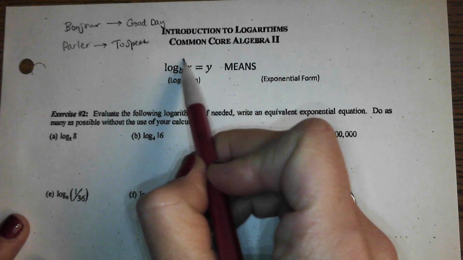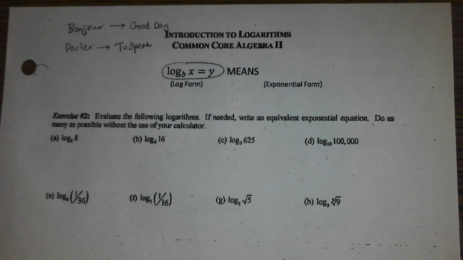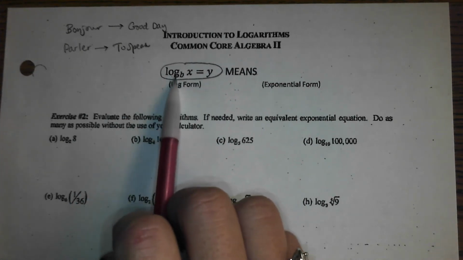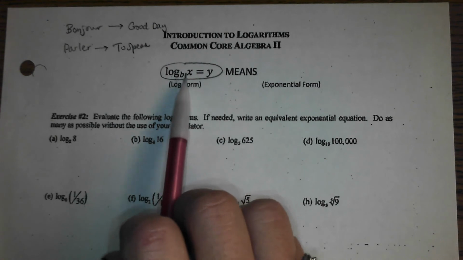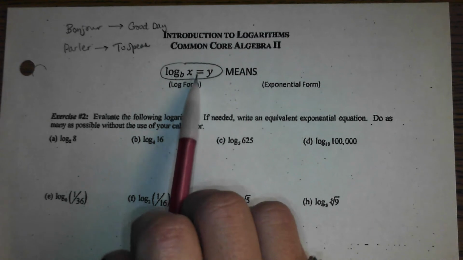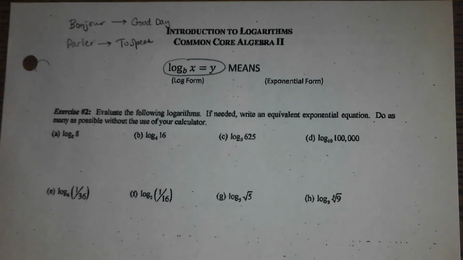So here's our foreign language. We have no idea what that means, right? The translation to get this into something that we do know, and let me tell you how this would be read. This is log base b of x. Log base b of x equals y. That's the foreign language.